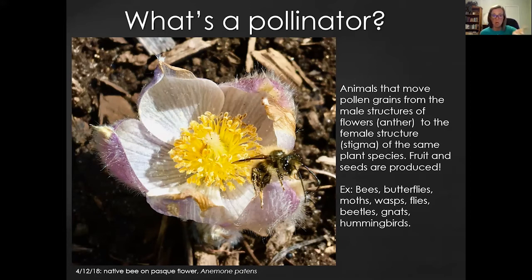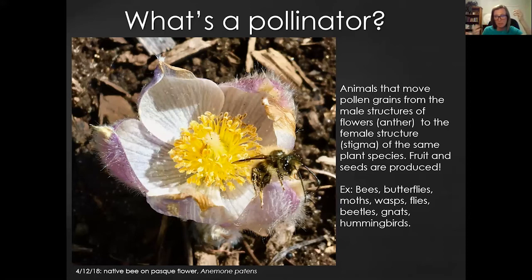If this bee crawled in there looking for nectar and accidentally gets covered in pollen grains, then it flies to the next little pasque flower where it's potentially trying to extract nectar from it. And it accidentally will mix up the pollen grains, and those mixed up pollen grains that are joined together will fall down a little tube.